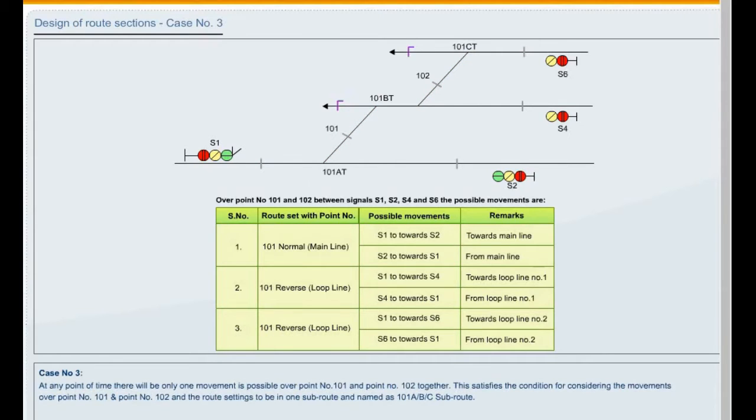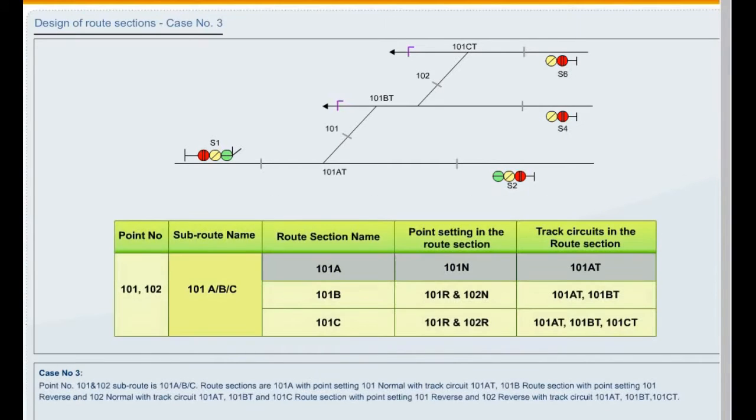At any point of time, only one movement is possible over point number 101 and point number 102. This satisfies the condition for considering the movements over point number 101 and point number 102, and the route settings to be in one subroute and named as 101A by B by C.